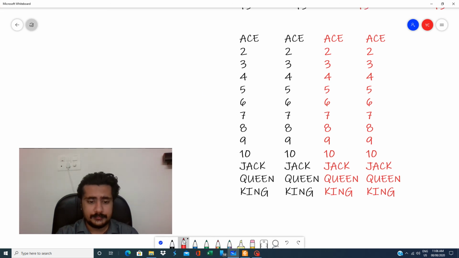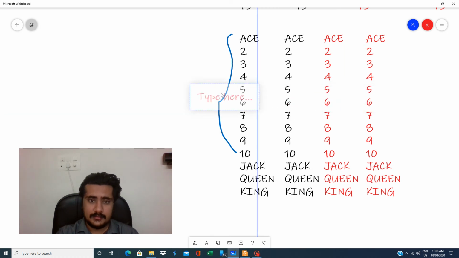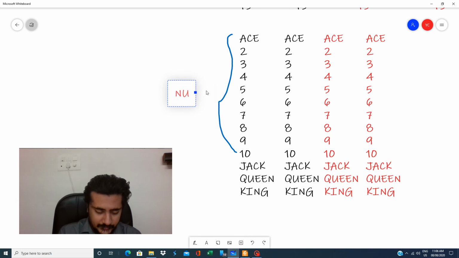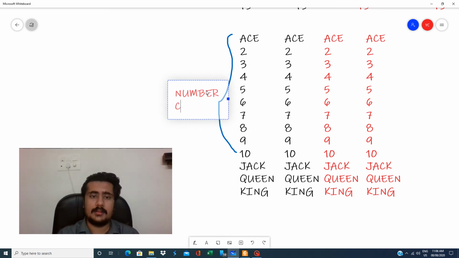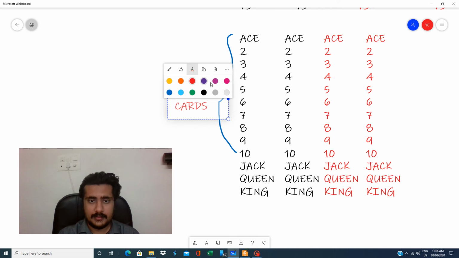See, these cards, that is, 10, 10, 10, 10, 40, are termed as number cards.